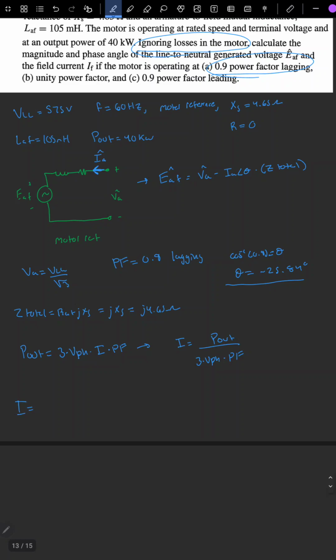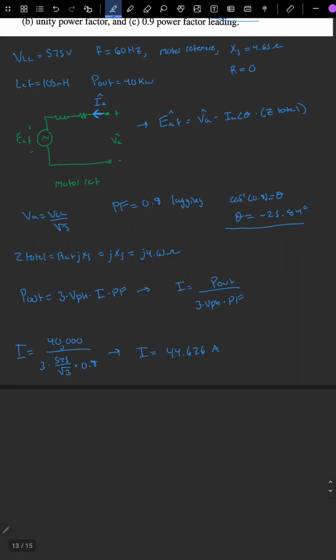So I equals 40,000 watts over 3 times V phase, which is V line to line, 575 over the square root of 3, multiplied by the power factor, 0.9. So our I is going to equal 44.626 amps.